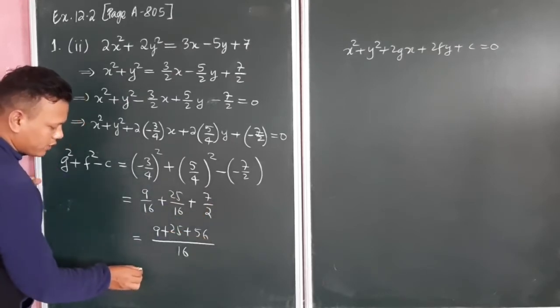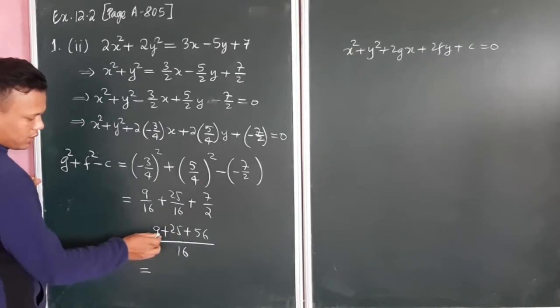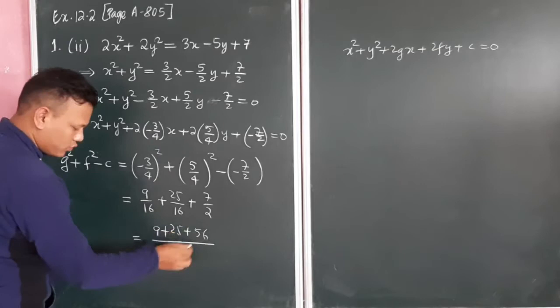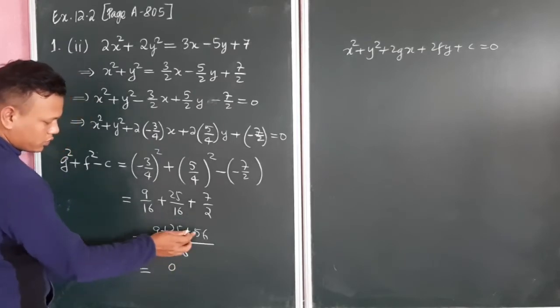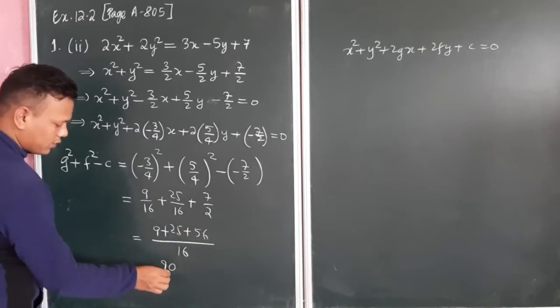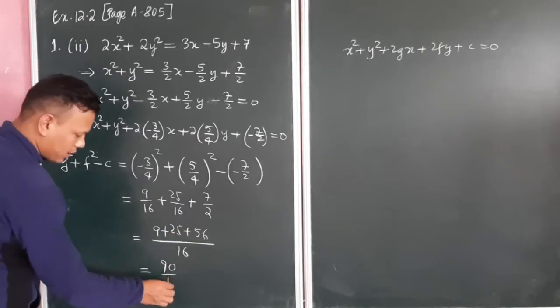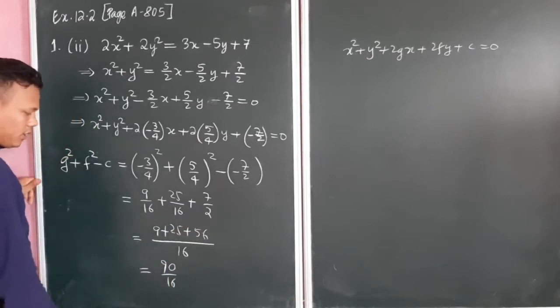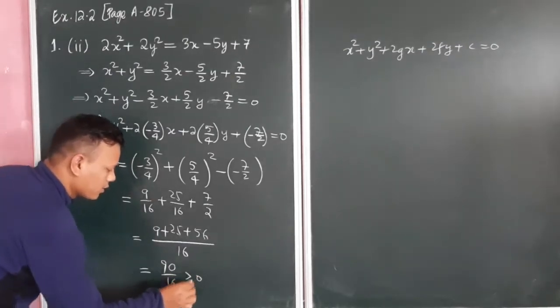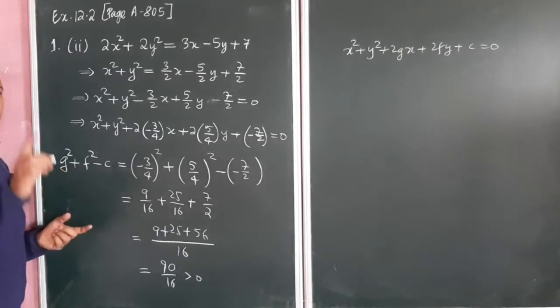So we have 9 plus 5, 14 plus 6 is 20, carried over 2 plus 5 is 7 plus this is 9. Yes, so we have 90 by 16. Therefore, this turned out to be greater than 0. So that's why this is a real circle.